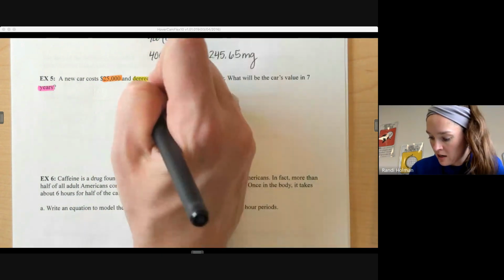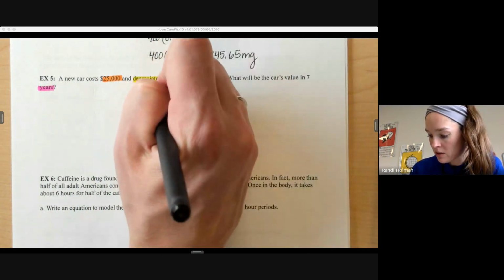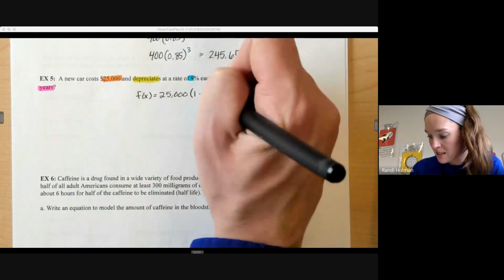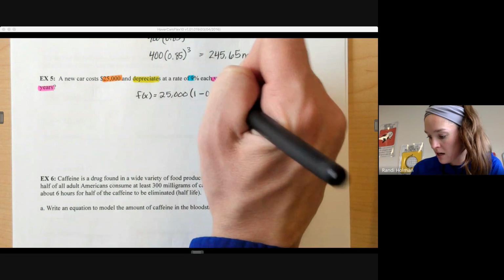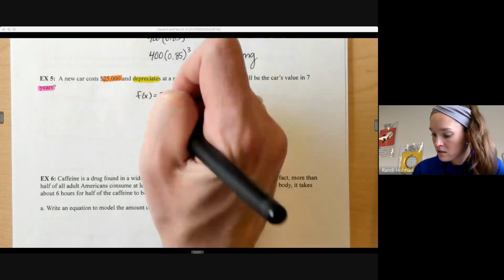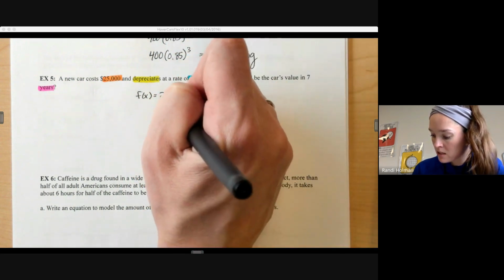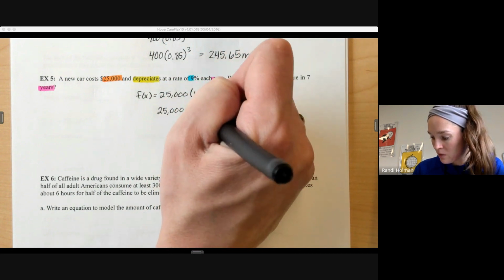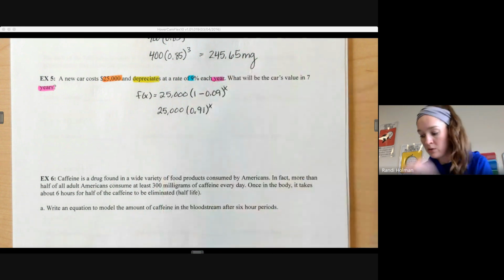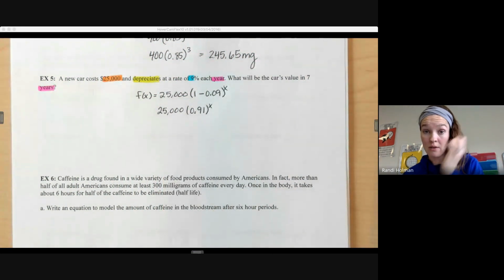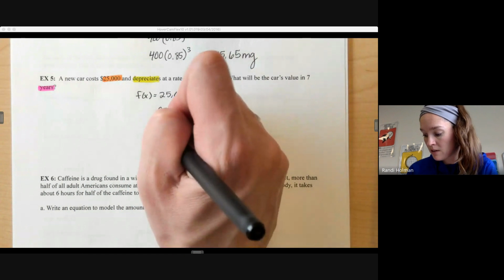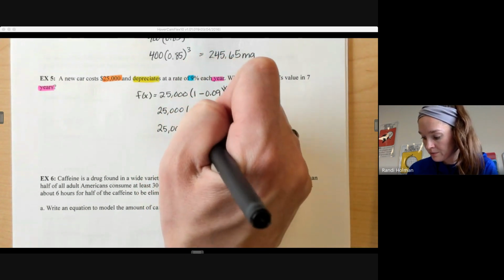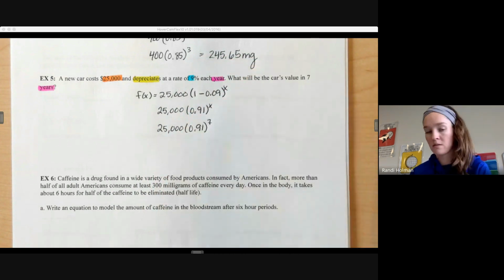So our function here, f of x, is equal to our starting value, 1 minus 9%. Careful there, don't do 90%. To the x. So we get 25,000 times 0.91. If we lose 9%, we have 91% remaining. I want to know the value after 7 years. So let's plug in 7 years for x.